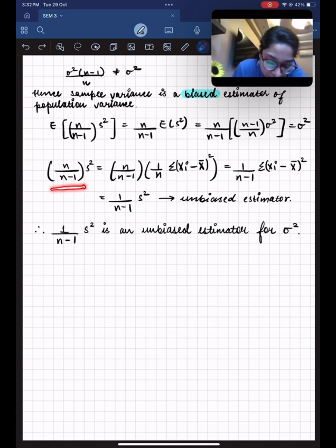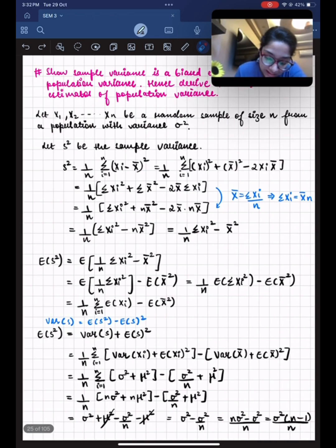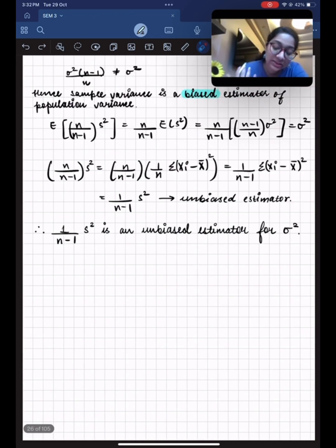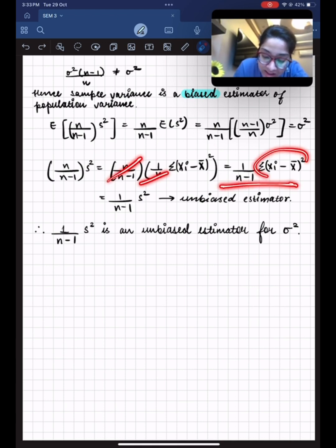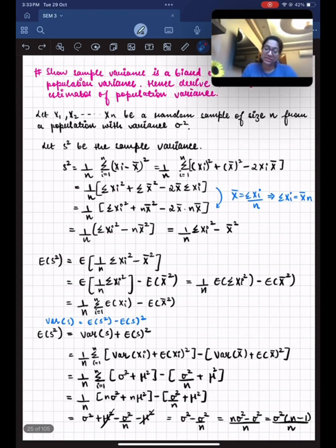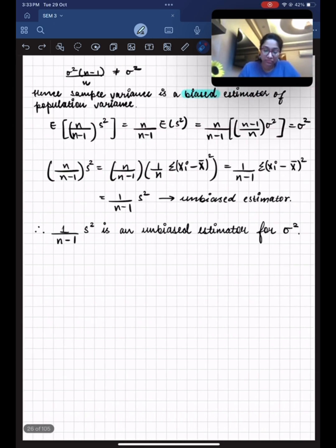If we take s square equal to this value, we can simplify further to get the unbiased estimator, which will be 1 by n summation xi minus x bar whole square, and we can cancel this n, and we'll be left with s square. Thus we can say that n upon n minus 1 times s square is an unbiased estimator for sigma square.